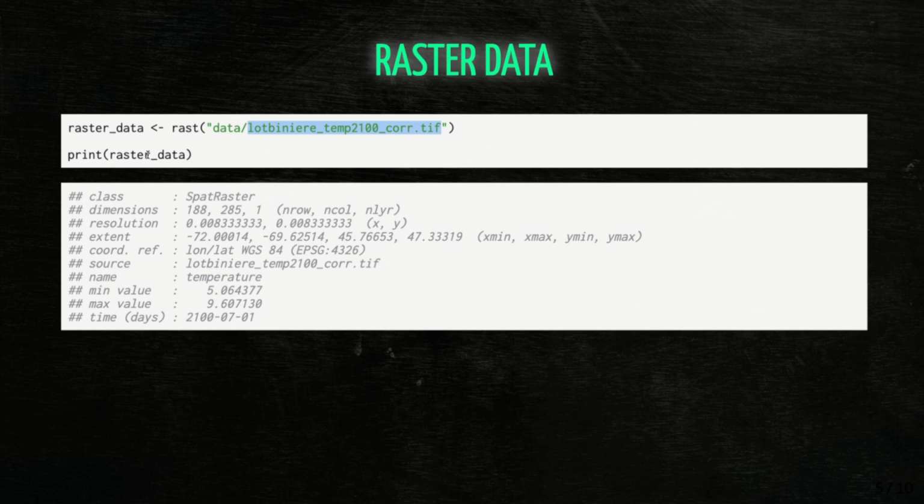If we print this SpatRaster, we're going to have a SpatRaster object with a set dimension, resolution, and extent, and a given CRS, which gives us the name of the measured value with some minimum and maximum values, and here an extract from a time series. So we have one more piece of information, which gives us a date.